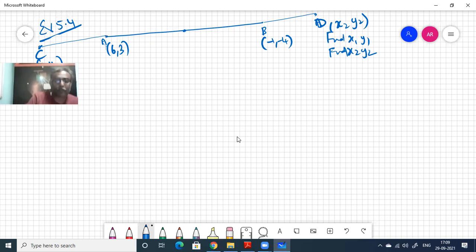Okay, how to find? Now let us take this line. This is equal to this, is equal to this, is equal to this. That means 1, 2, 3, 4 parts are there. Now you take the line CB.